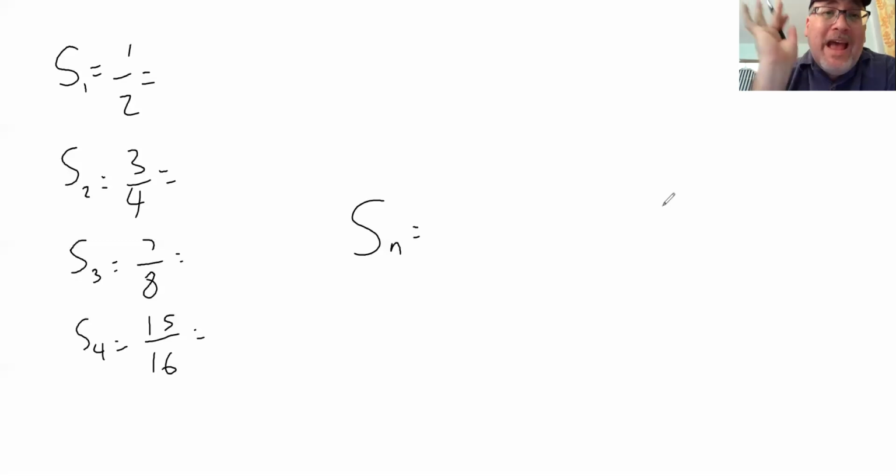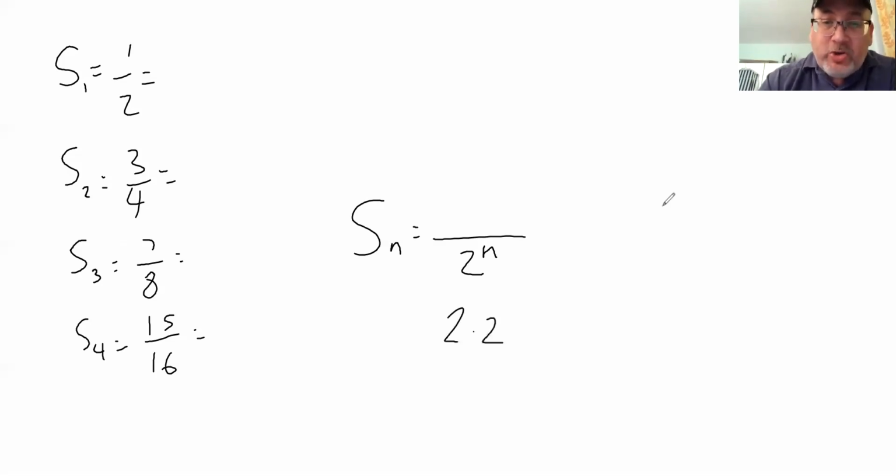But without rehashing all of that, the denominator is going to be 2 to the nth power. If you played out the geometric sequence protocol that we did, you would end up with that. Because remember, it's the first term times the ratio, which is 1/2 to the n minus 1 power. But if you add the exponent, you get n. What about the numerator? Well, it's just one less than the denominator.